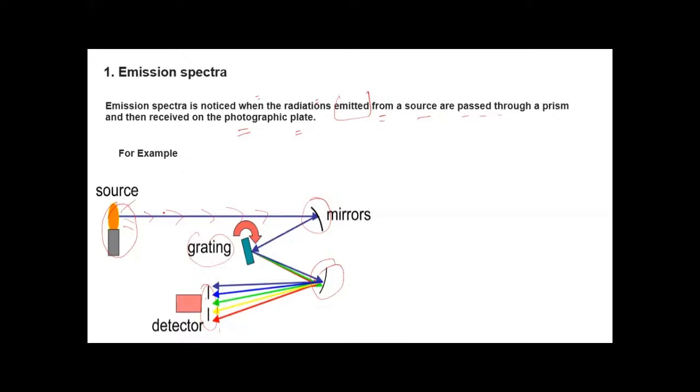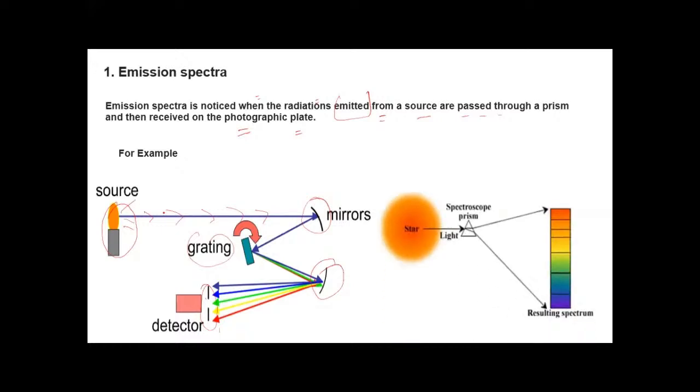I take another example so we might understand very well. This is a star. Suppose this is our sun. You know our sun is a star, and all suns or stars are radiating light. When this light comes from a star and is passed through a prism, what will the prism do?